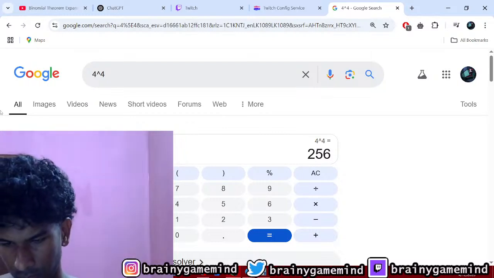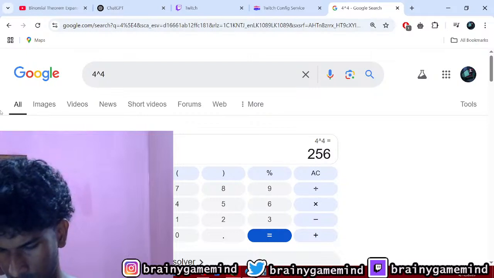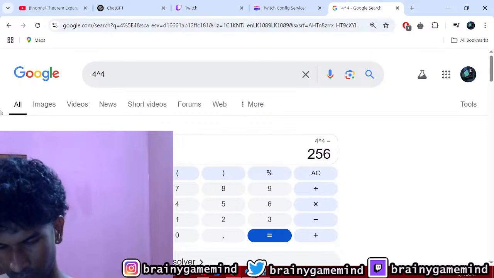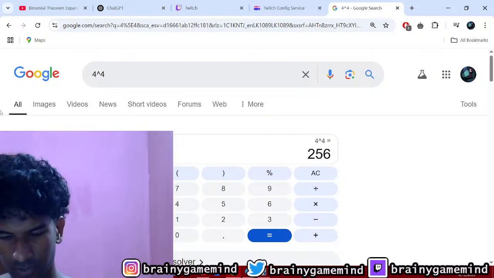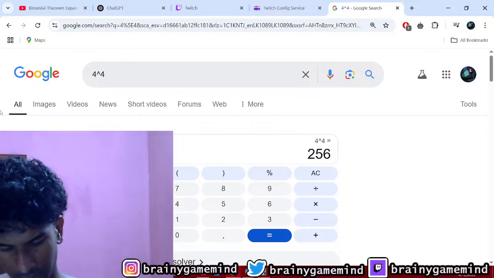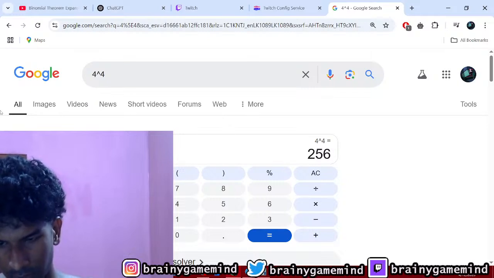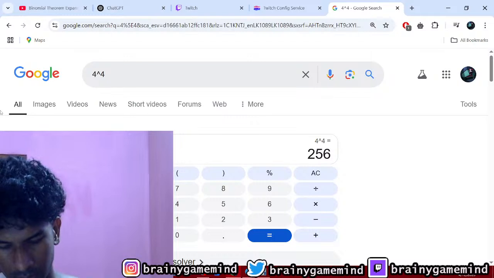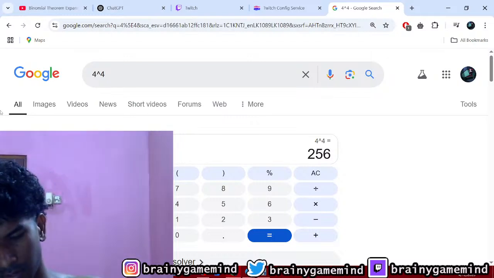It's the same answer. 34,560. X squared y raised to the fourth power.